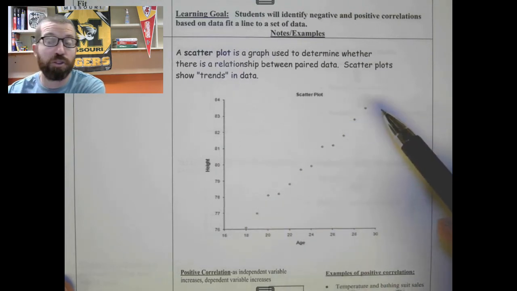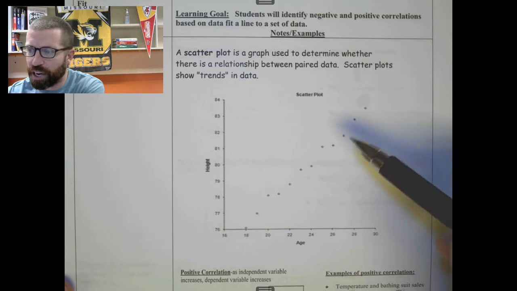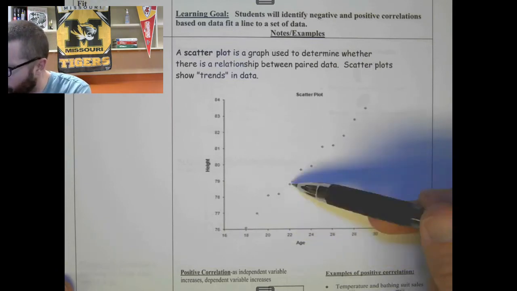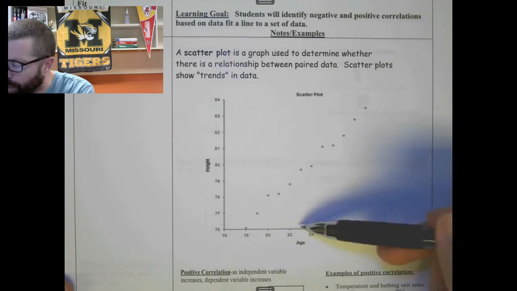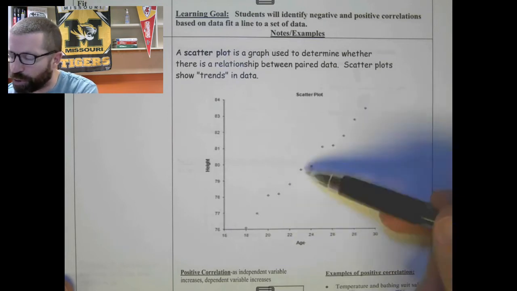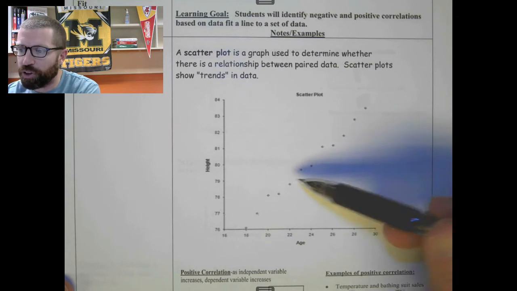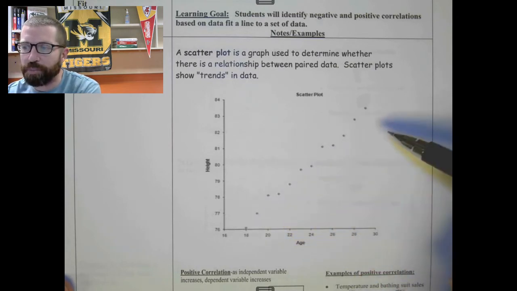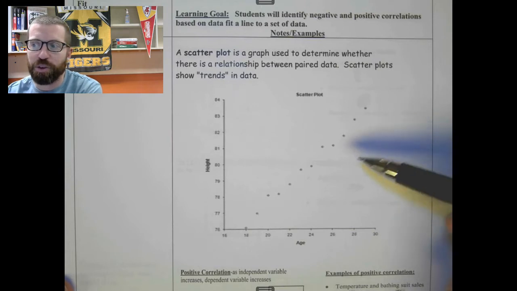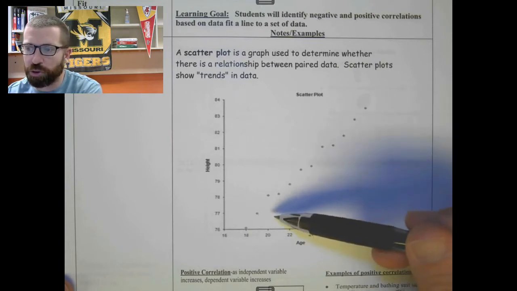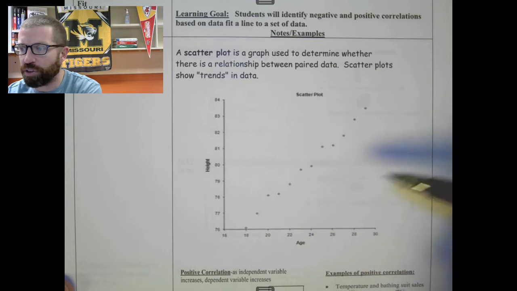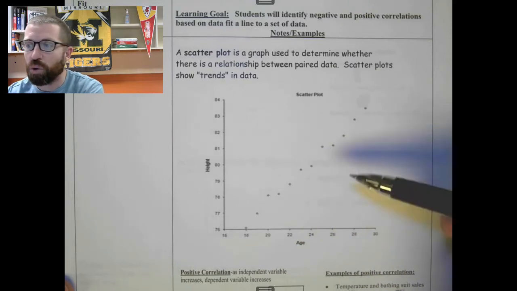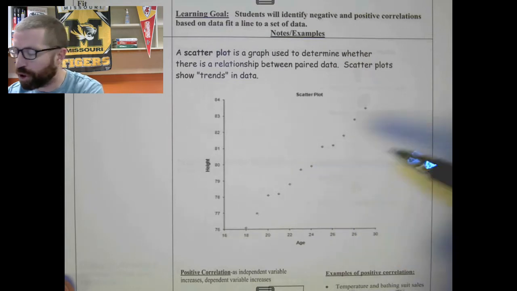Now, if you think about this in the real world, let's think about our data size here. Are you really going to grow that much between the age of 22 and 28? Or maybe these are just taller people, right? So this doesn't necessarily represent a correlation between whether you're 18 or 28 and your height, or maybe this is just people who are taller.